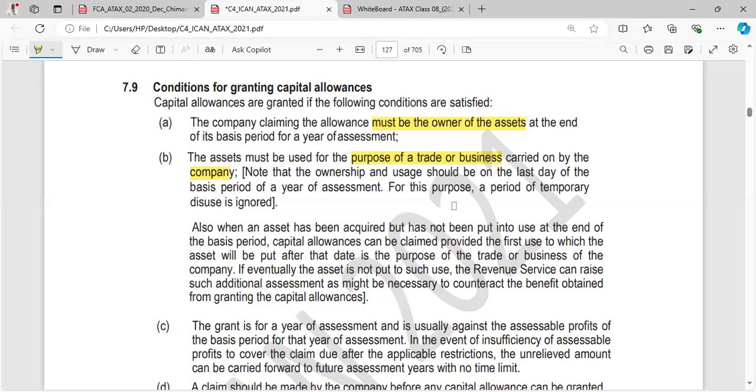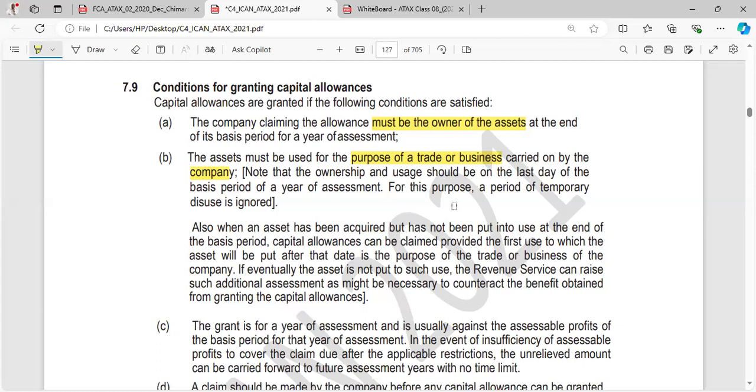Now let's say the second year, you sold the asset or you give it out on hire, financial lease, or operating lease or anyhow. You are not the one using the asset. It is not put into use by your company. It is another company that is using it now. You are not the one using it.